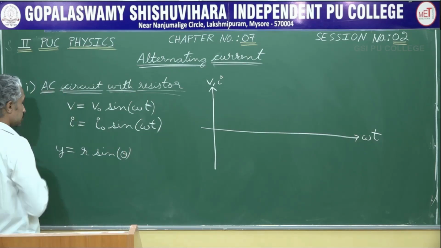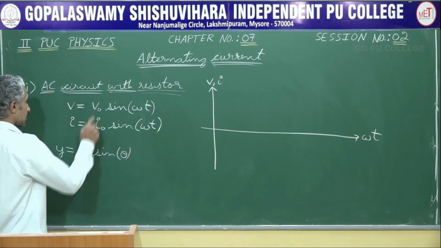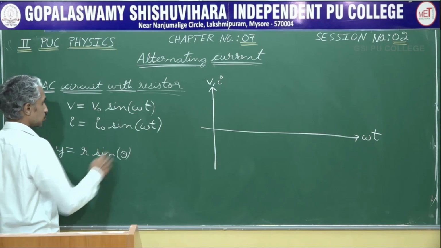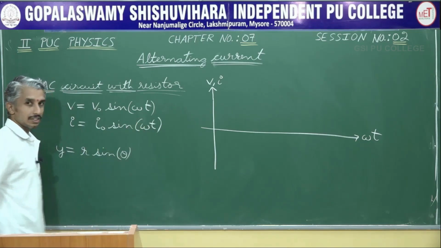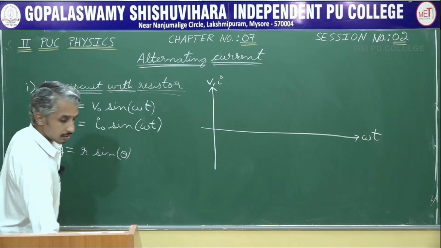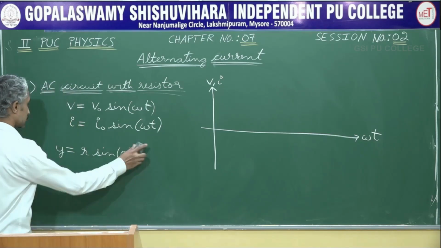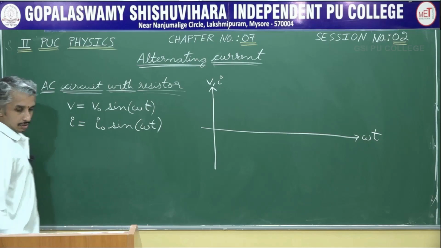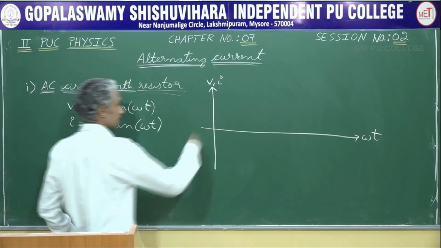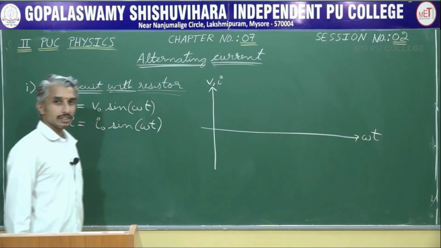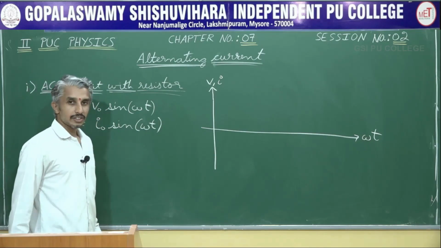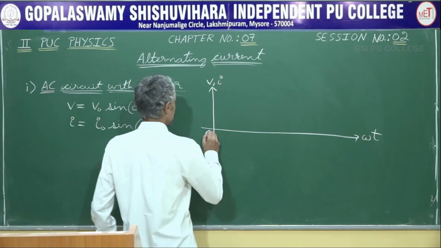In place of y we have V, in place of r we have V naught, and instead of omega t, here it is theta. So, if you draw a sine wave that represents an AC voltage or an AC current, let us begin.